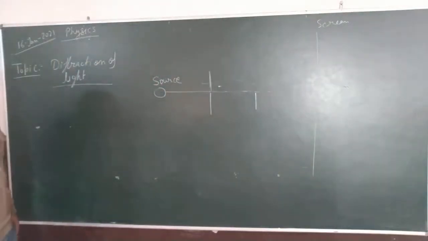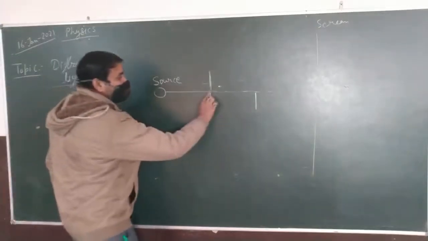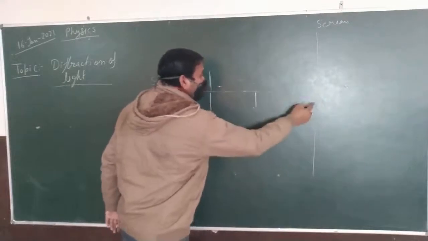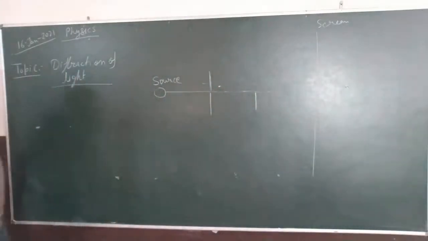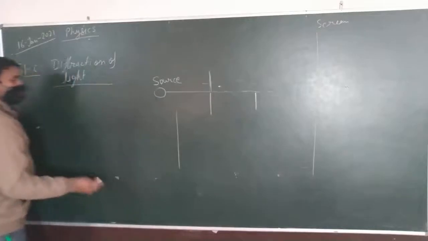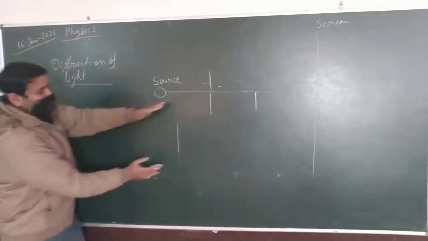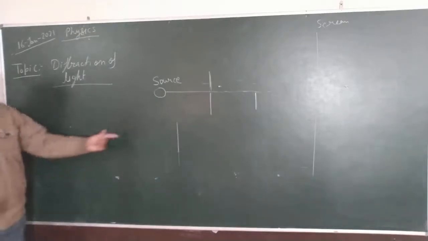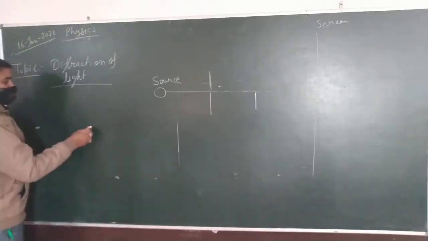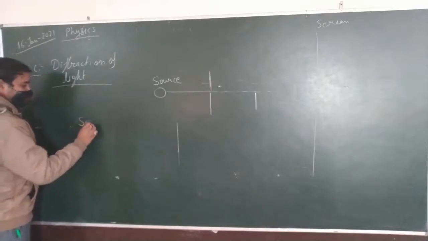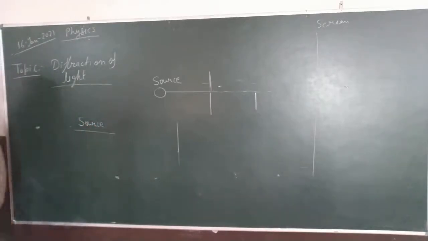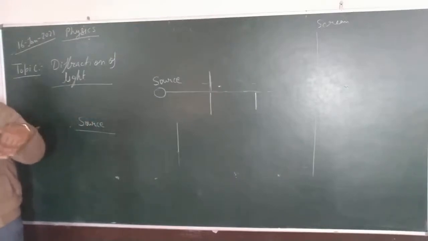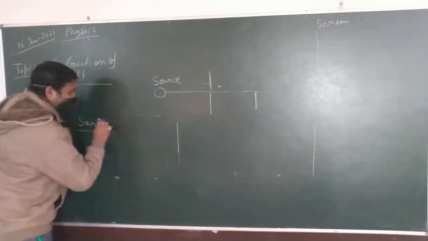Two cases are there. In the first case, you will find the diffraction pattern bending like this, and in the second, a source which is very large and very far away from the obstruction. See, here is a source. Light originating from this source travels like this.